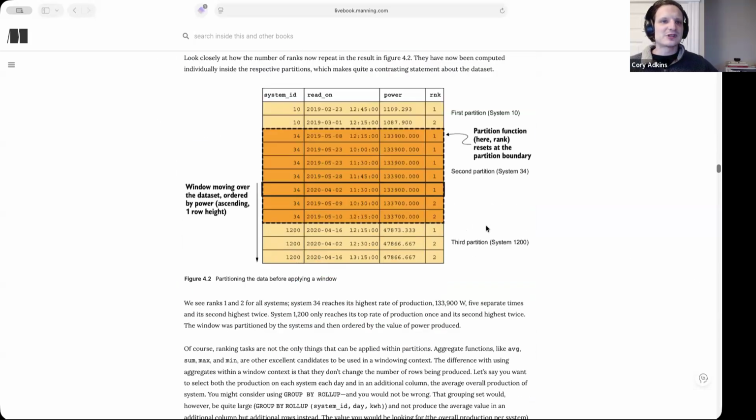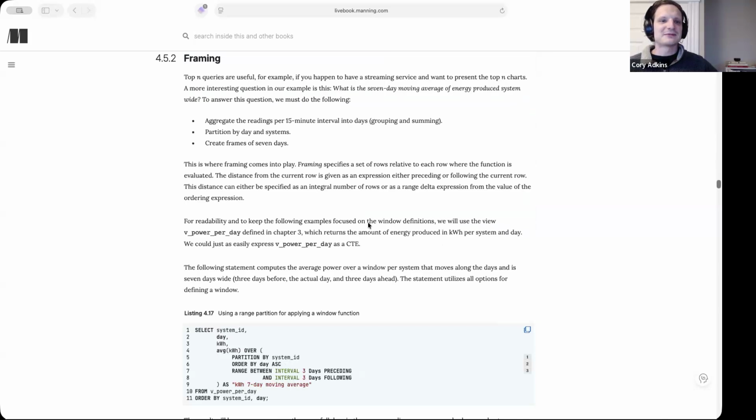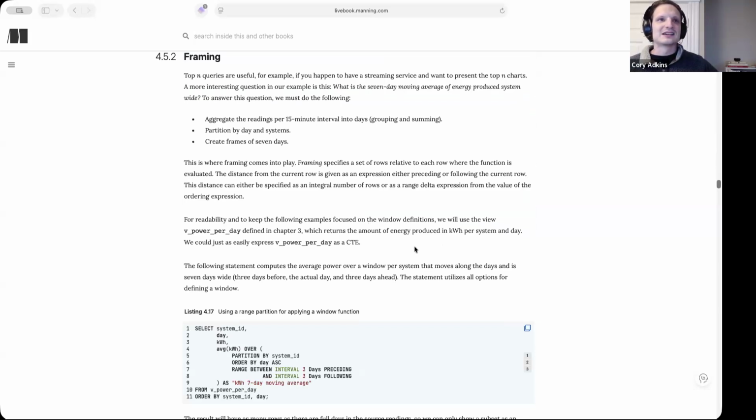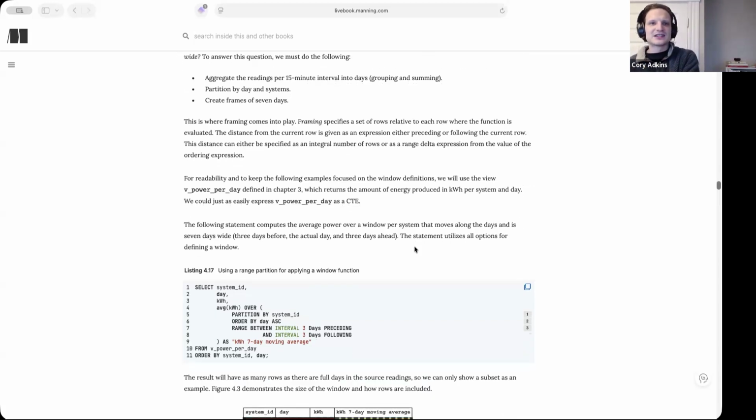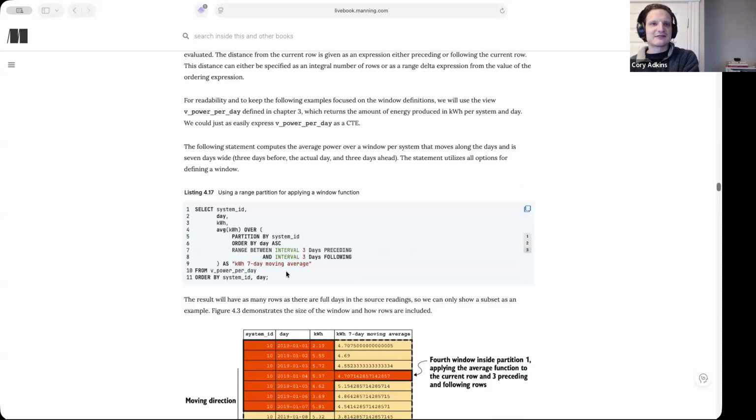I guess the rolling average would be under framing. Sorry, now I'm skipping around. But this is what Jonathan was just describing, where you have a frame that moves as you move down the rows. If you want to do chunks like you described, every three, I don't know if you would do that with framing. Maybe that is more like a partition. But in any case, I think this is the moving average.